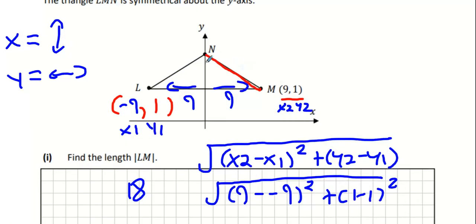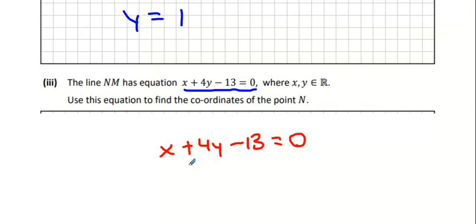Does everybody see the way N is on the y-axis? If N is on the y-axis, what does it mean about its x value? 0. Your x value is 0, and you're clearly looking for the y value, aren't you? So what can I do with this line?